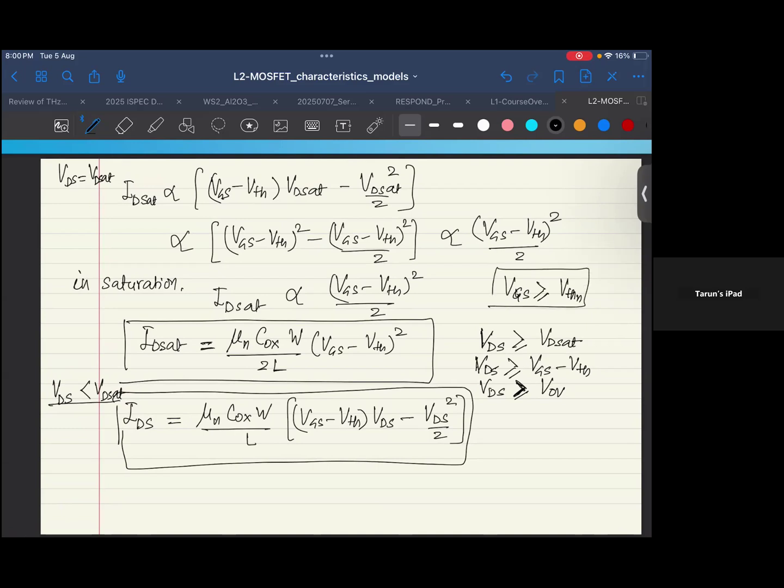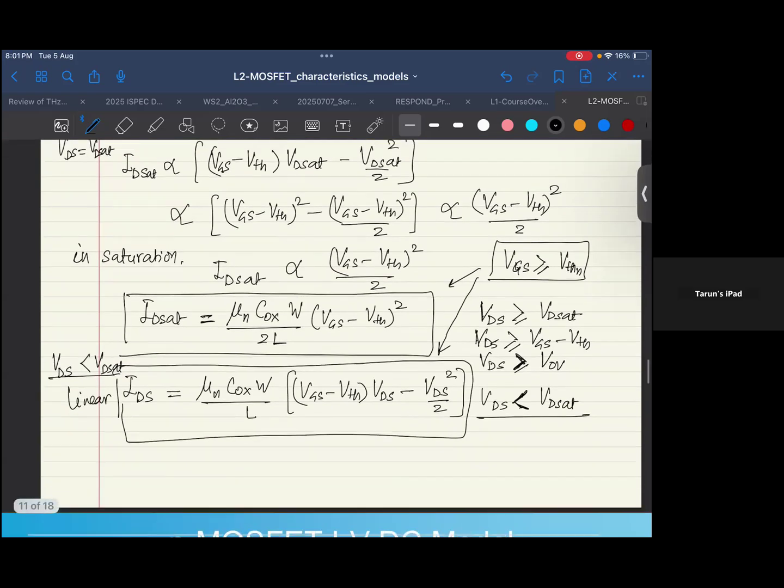So that is the case for both of them, right? For this case particularly, we see the VDS is less than VDSET, so then only this model is correct, right? And this is what we call the saturation, and this is your linear current.